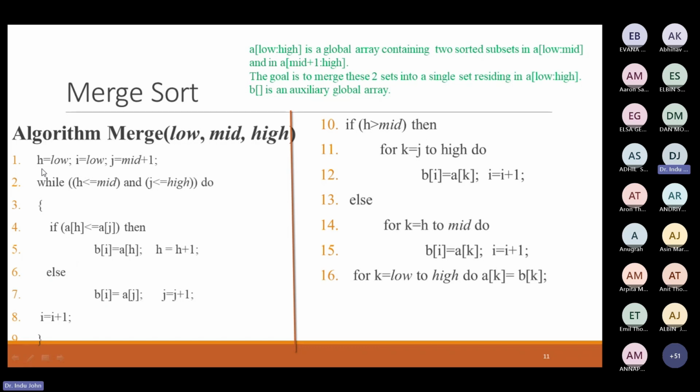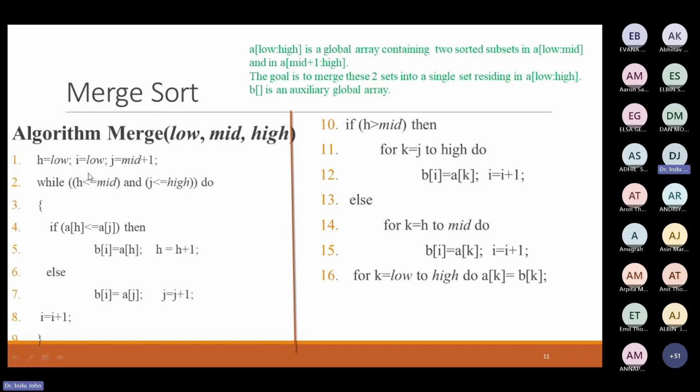We need one variable to keep track of indices in the left half, one variable for the indices in the right half, and the last variable for keeping track of the indices in the auxiliary array B. So h is initialized to low, and it keeps track of the indices in the left half of the array. j equals mid plus 1 keeps track of the indices in the second half, and i equals low keeps track of the indices in the merged array.